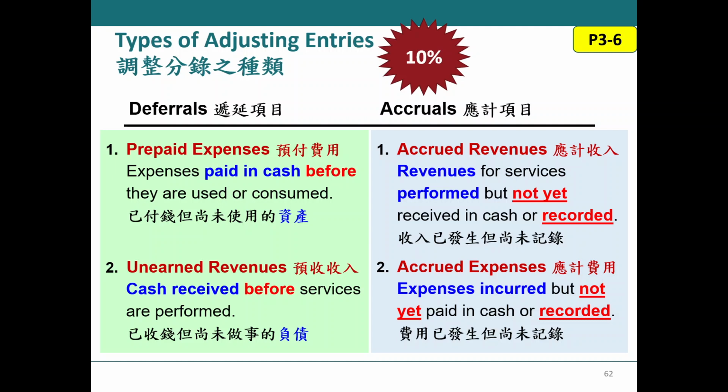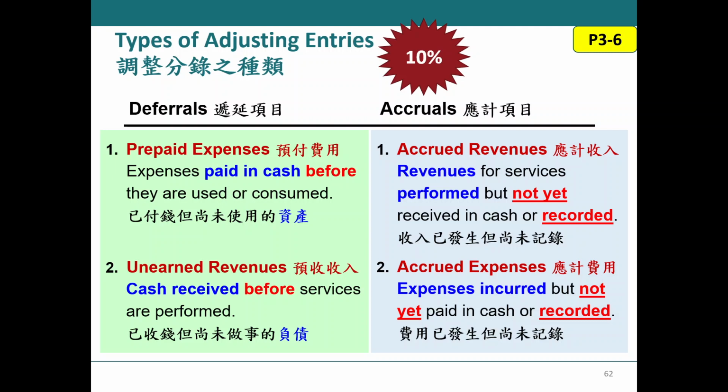Since you finally have the complete data, the second thing you want to do today is use 100% of the data to prepare our only one accounting output. What's that? Financial statements.